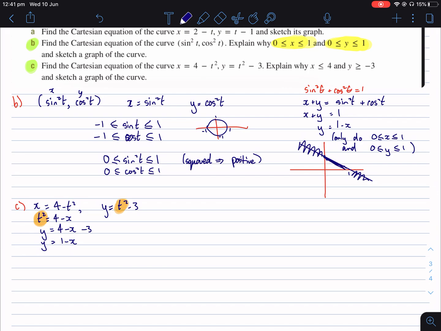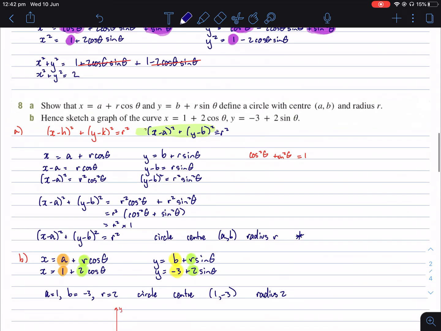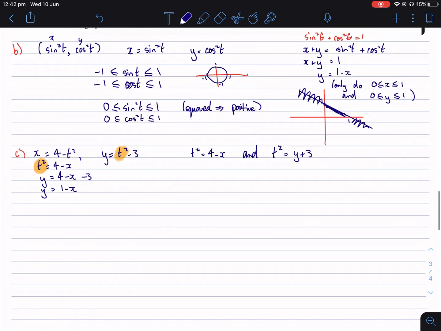Explain why x is less than or equal to 4 and y is greater than or equal to -3. Now, because I've got t squared equals 4 minus x and t squared equals y plus 3, t squared is always positive.